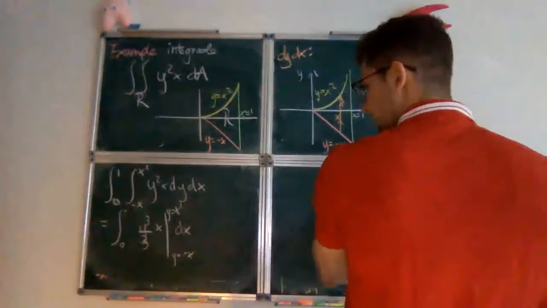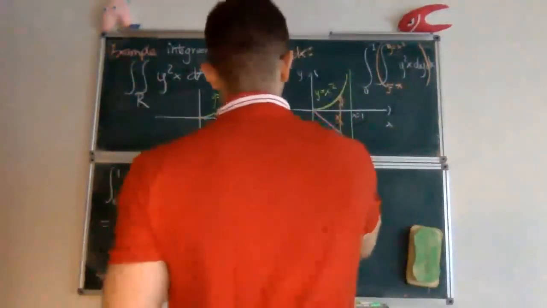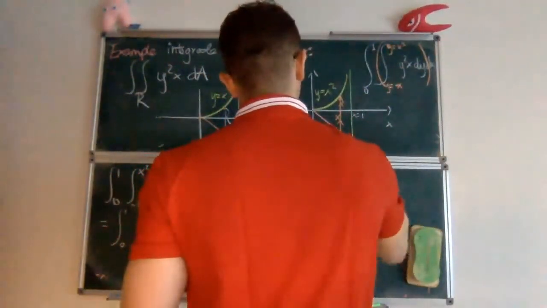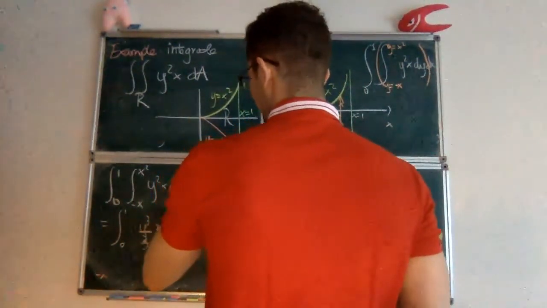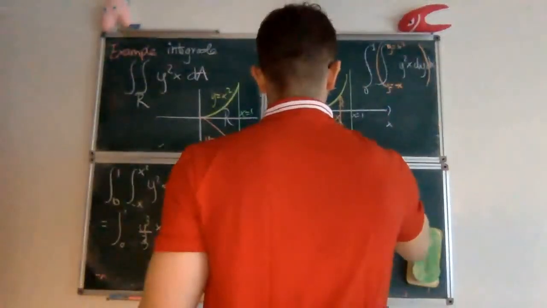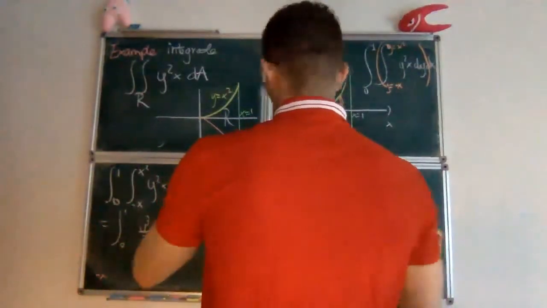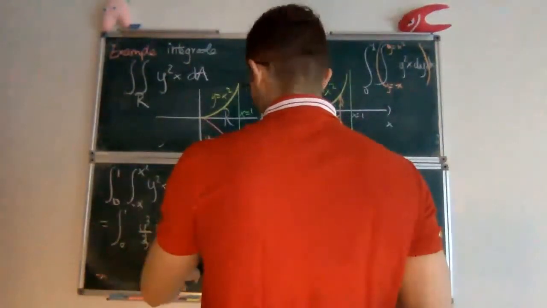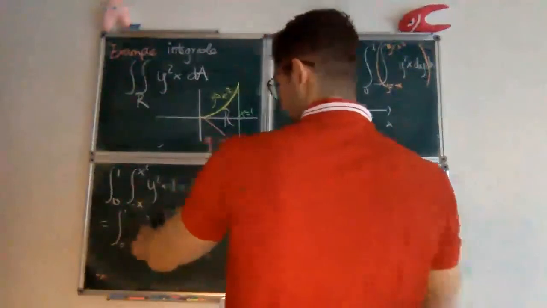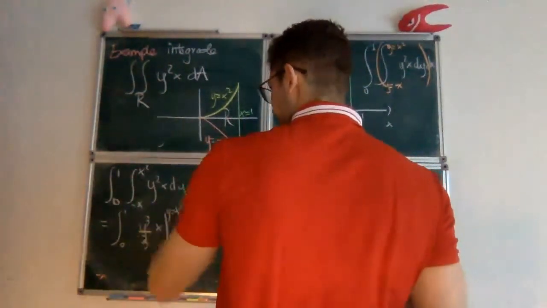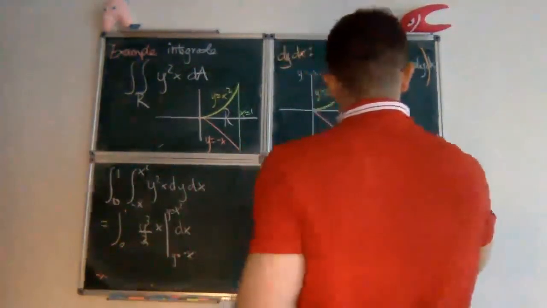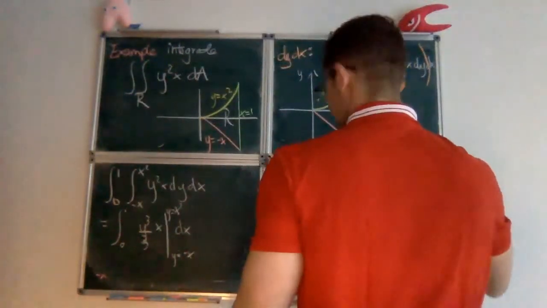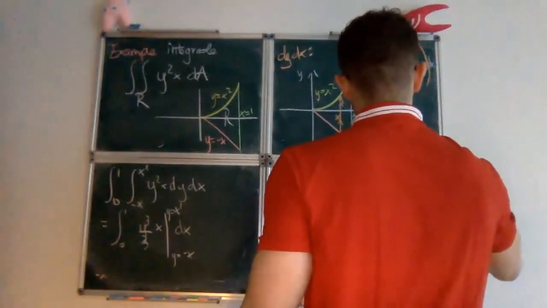Let's pull the 1/3 outside. So you get y cubed, and you replace y with x squared, so that gives you x to the 6 times x, minus, when y equals negative x, you get minus x cubed times x dx.